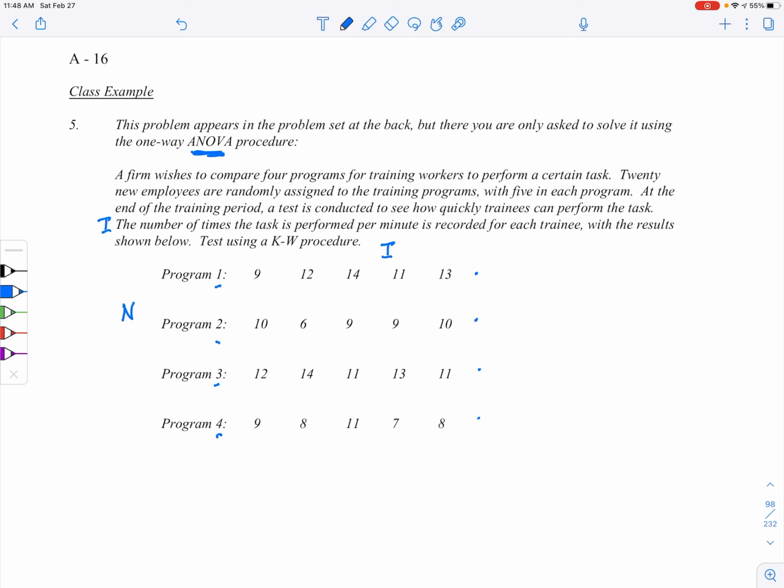And if you reject H0 for any of those, then we immediately go to a Kruskal-Wallis test. If normality passes for all of them, so in the Anderson-Darling test, if you accept H0 for all four of them, then you go to the Bartlett's homogeneity of variance tab and see if that passes. And if that's rejected, then you go to Kruskal-Wallis, and if that's okay, then you would go to just the ANOVA test.